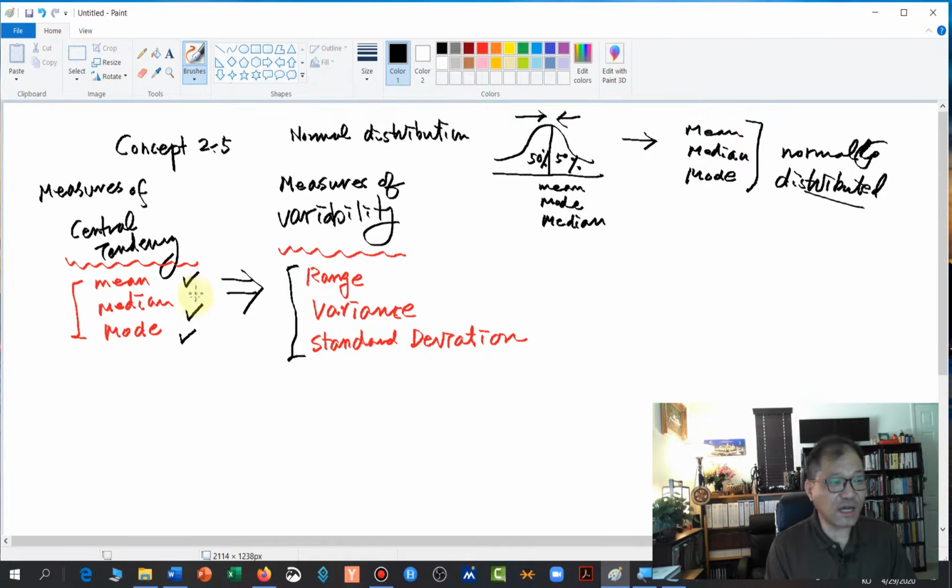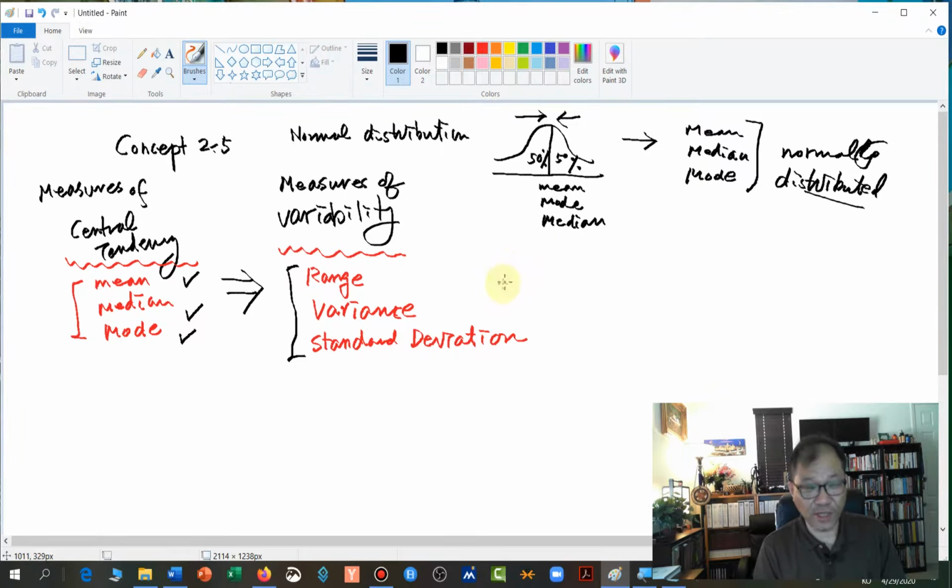If you want to see how numbers are centered, normally distributed, you measure mean, median, and mode. If you are interested in how numbers are distributed and how numbers vary, then you need to look at range and variance and standard deviation.